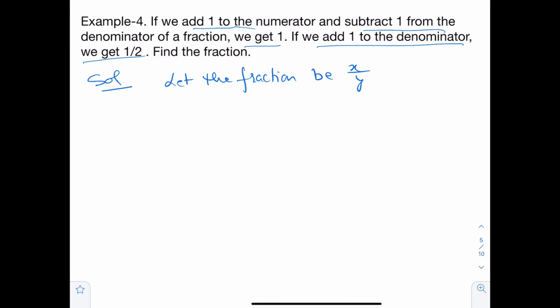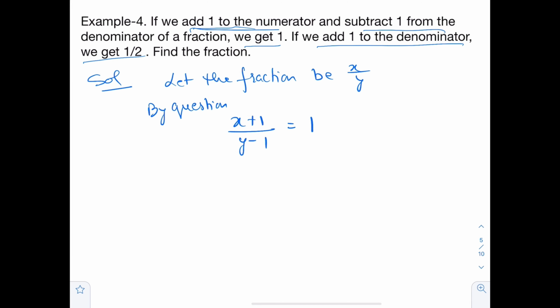Now, by question, x plus 1 upon y minus 1 equal to 1.